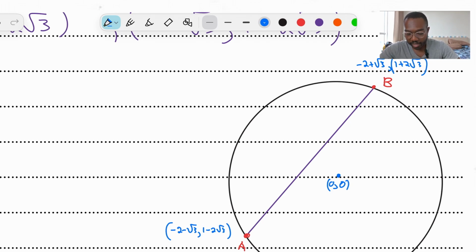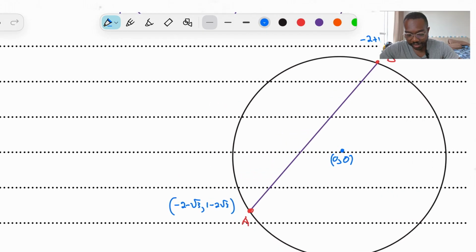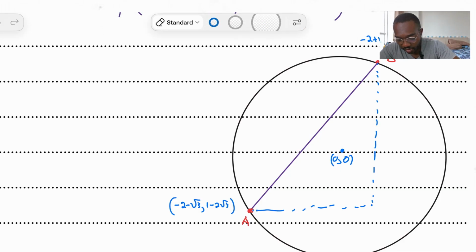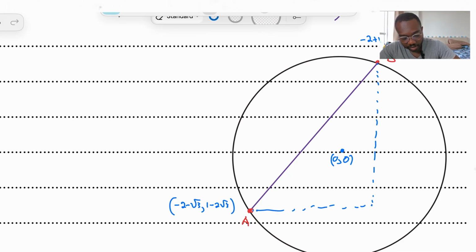So now that we've worked that out, to look at the exact length of the chord, if I just draw a little triangle here, all we need to do is work out the difference, the change in y and the change in x. Let's just do my brackets a bit better.